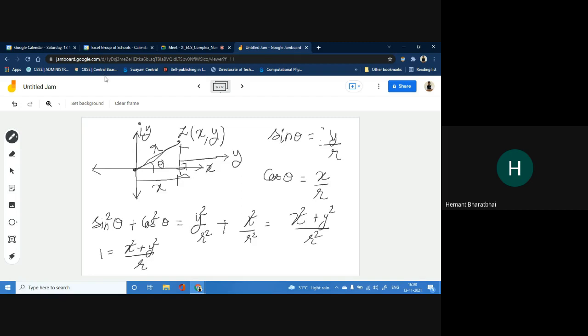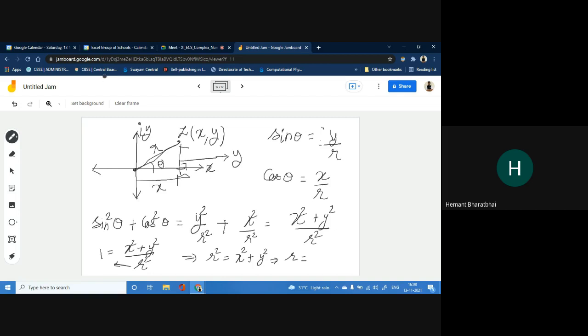Sine square theta plus cos square theta is 1, therefore I'll get 1 is equal to x square plus y square upon r square.